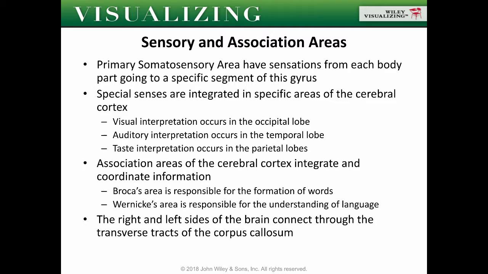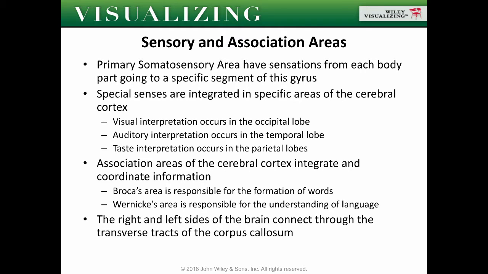Association areas in the cerebral cortex integrate and coordinate information. Broca's area, for instance, is responsible for the formation of words. By the way, damage to Broca's area can render a person mute or unable to speak properly.